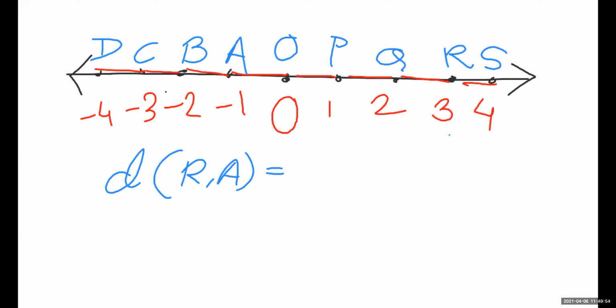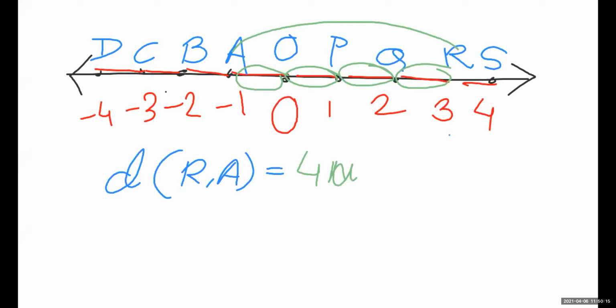So here, according to you, if you are going to find out the distance, how will you find out 1 unit? It's a 1 unit, 2 unit, 3 unit, and 4 unit. From R to A, it is how many units? 4 units. Yes.